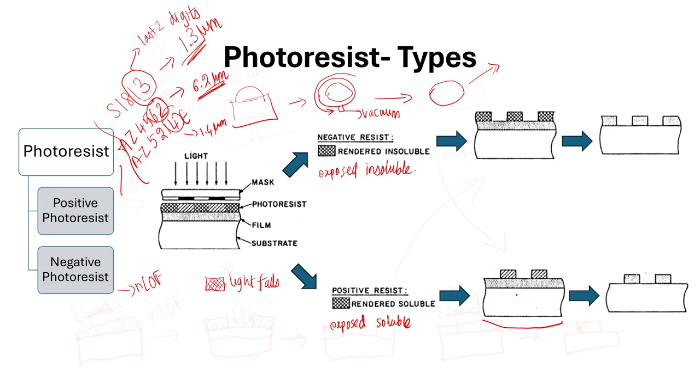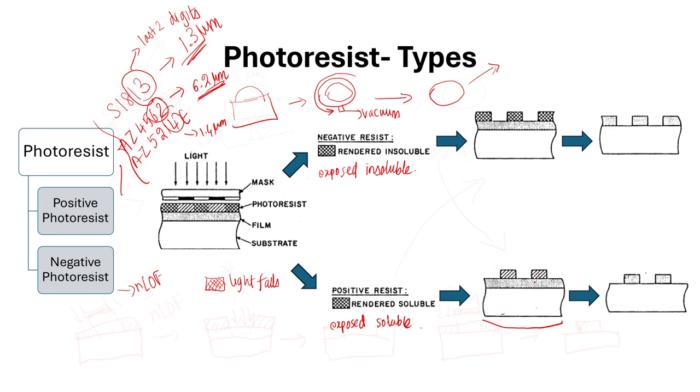In the case of positive photoresist, whichever region is getting exposed will be easily dissolved, so those regions will get removed quickly. There is one mistake here. This is the positive photoresist and this is the negative photoresist.